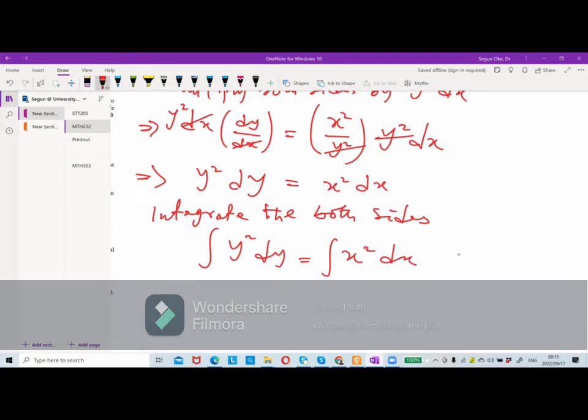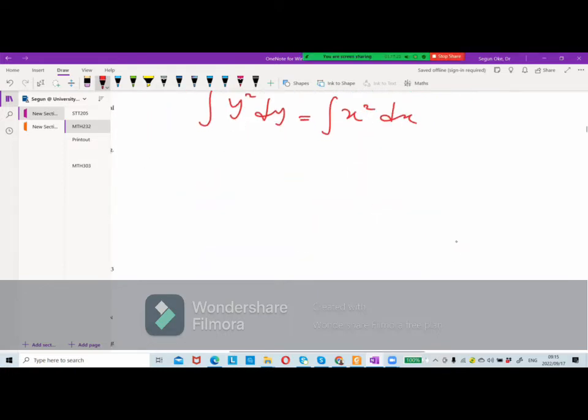So when you integrate this, what do you have? Anybody? We have y raised to the power of 3 all over 3 and x raised to the power of 3 all over 3 plus c. Please mute yourself. Once you know there is background noise where you are, please mute yourself.